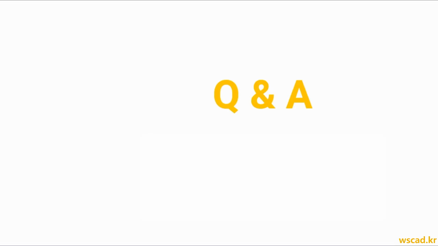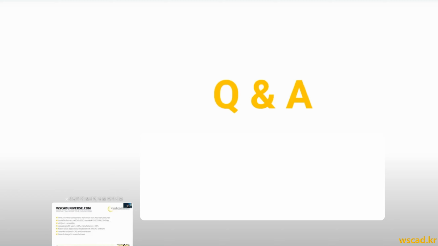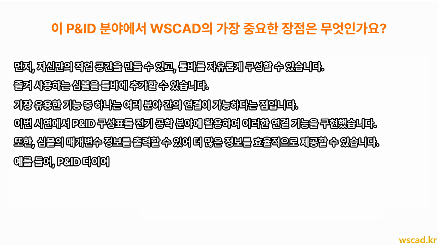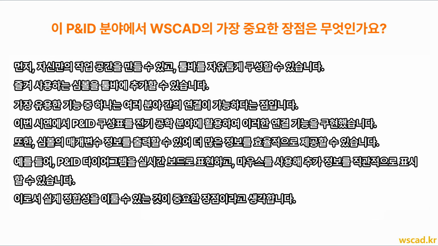Okay, so next question we have: what is the most beneficial about being able to connect multiple departments? So with these connections, in our case, we used this P&ID scheme in electrical engineering, and now you have these connections.